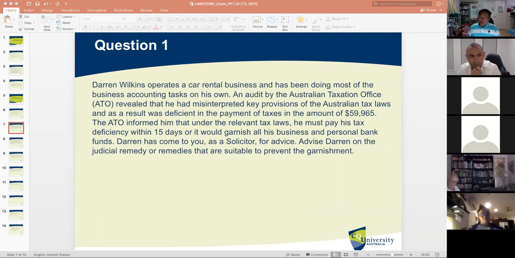Now, those two are actually related, because if we recall, in relation to Wednesbury unreasonableness, the courts have said that the arbitrary, capricious, and oppressive exercise of executive power amounts to Wednesbury unreasonableness. So both Monique and Jess are touching on the same ground of illegality here, and that is Wednesbury unreasonableness, because the actions of the ATO demonstrate an oppressive, capricious exercise of executive power.